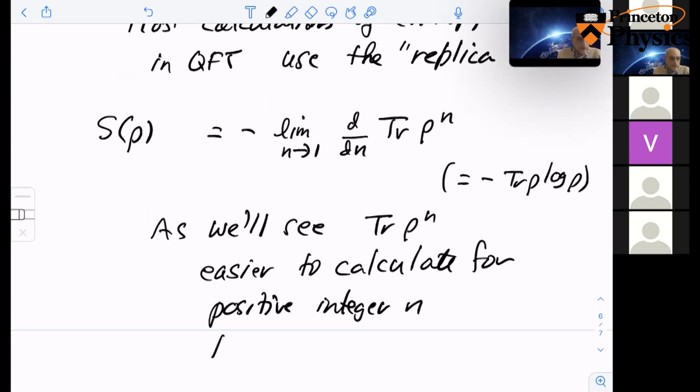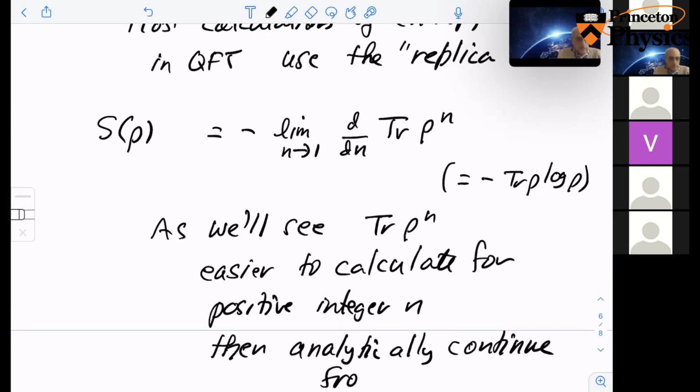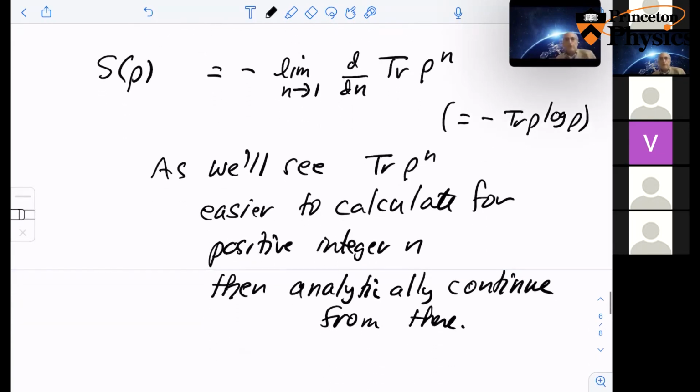And then we analytically continue from there. This replica trick was actually introduced first, I believe, by Edwards and Anderson in studying spin glasses, disordered systems. It's extremely useful there and also here.